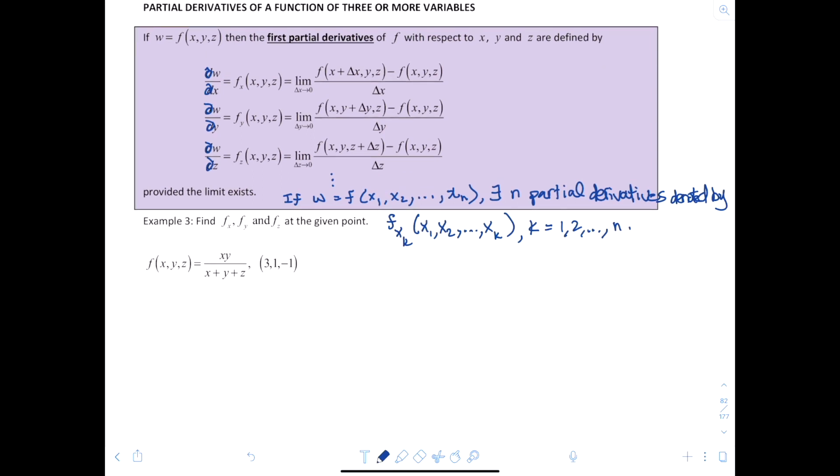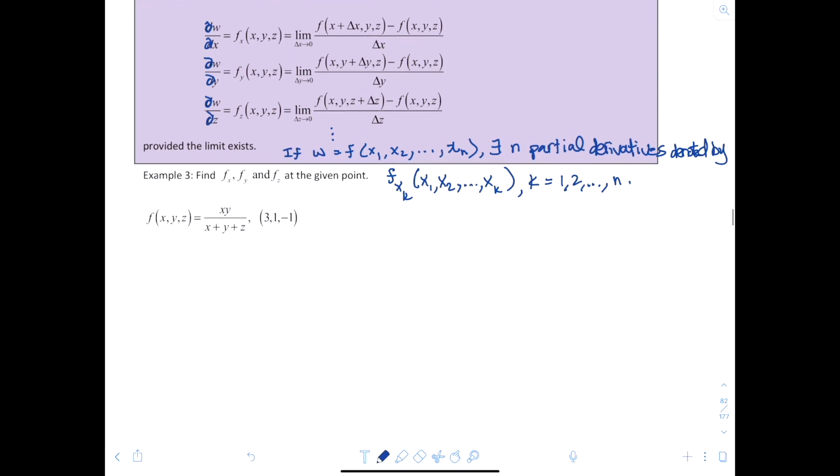Cool? Okay, so now we don't need to use the limit definition for this one. Let's do it the faster way. So remember, when I'm finding fx, I'm finding the partial derivatives with respect to x. Okay, so everything else will be treated as a constant. So I'm going to use the quotient rule here, right?